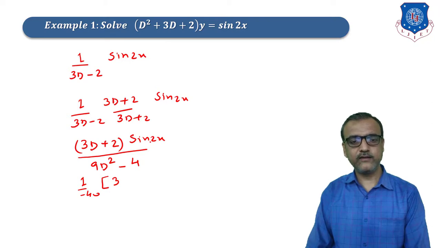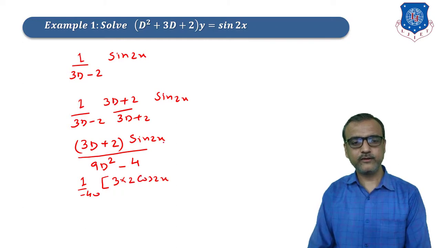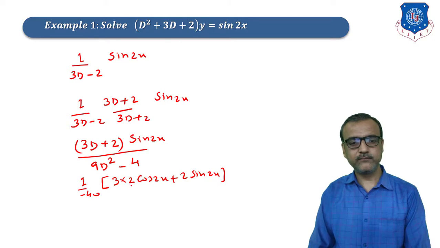So again we will differentiate 2x with respect to x, and the derivative of 2x is 2. So we have into 2 cos 2x, then plus 2 sine 2x. Now we will multiply 3 by 2, that is 6. So we have 6 cos 2x plus 2 sine 2x.